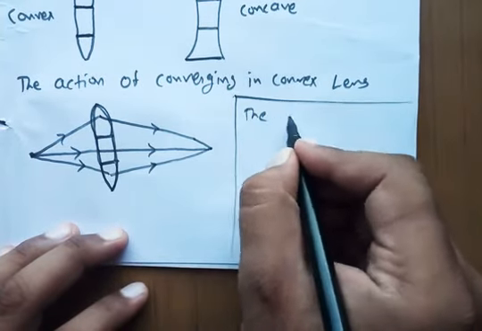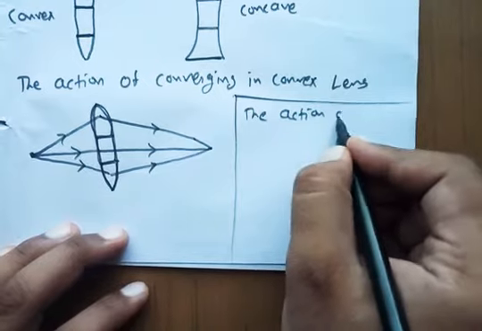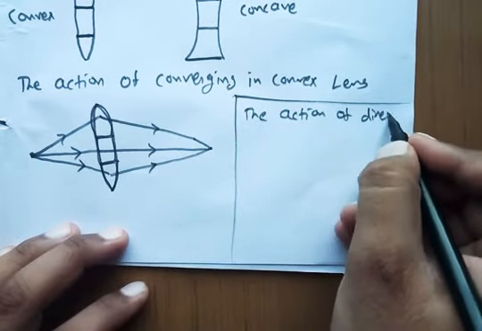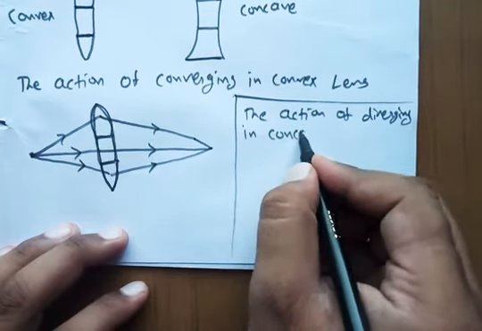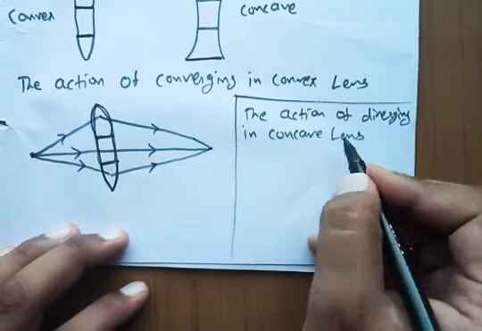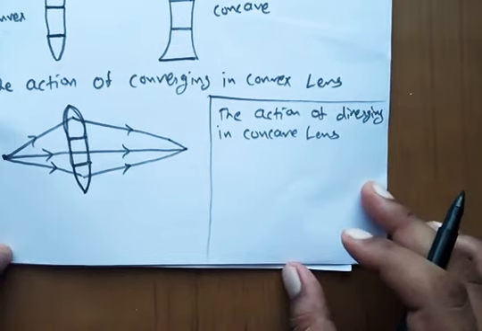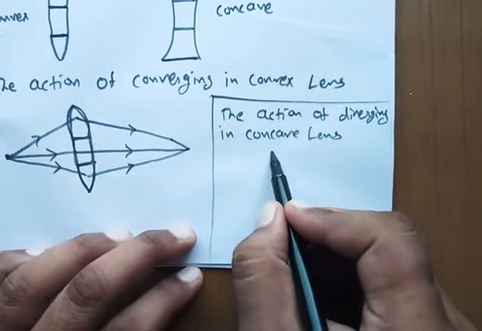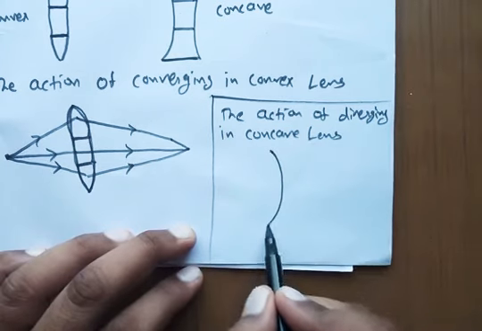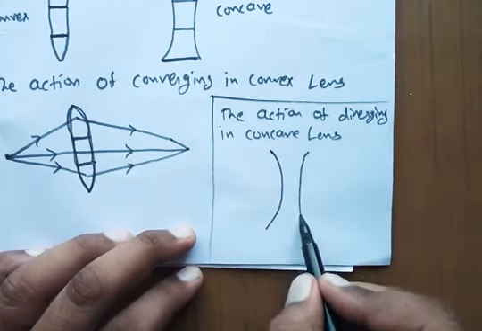Okay, now we are talking about the action of diverging in a concave lens. Let us understand how divergence will happen in a concave lens. Now again I am drawing one concave lens.